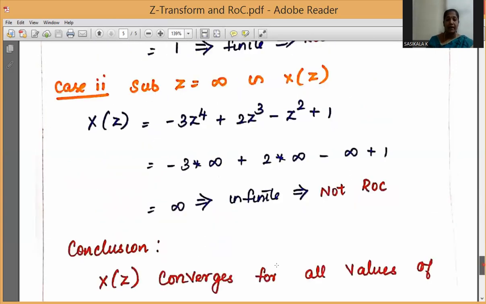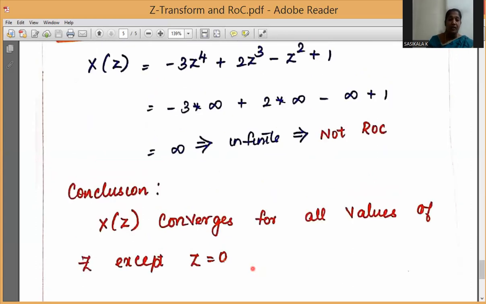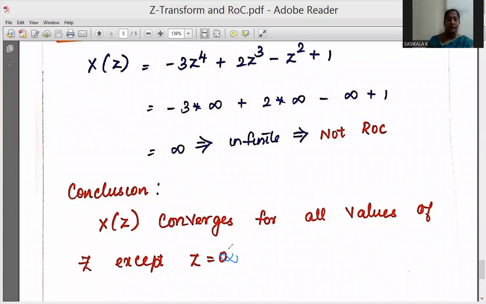See here, I have wrongly mentioned it is not 0. It is infinite. Please change this as infinity. X of z converges for all values of z except z is equal to infinity.